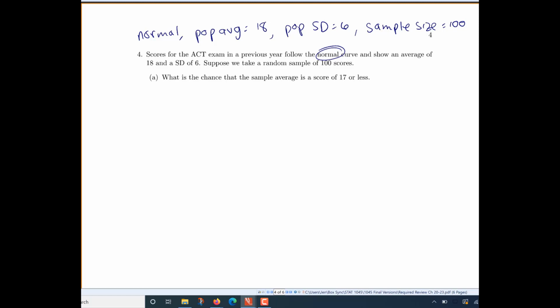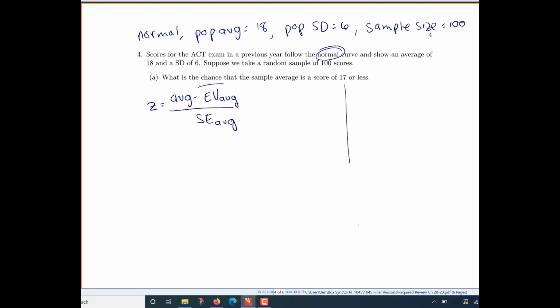So this is one where we know our population information and we're trying to figure out what would happen if we take a sample. So what is the chance that the sample average is a score of 17 or less? Now when you see a chance for sums, percentages, averages, we have to use the normal curve. To use the normal curve, you have to standardize. So z equals your average minus the expected value for your average over the standard error for your average.